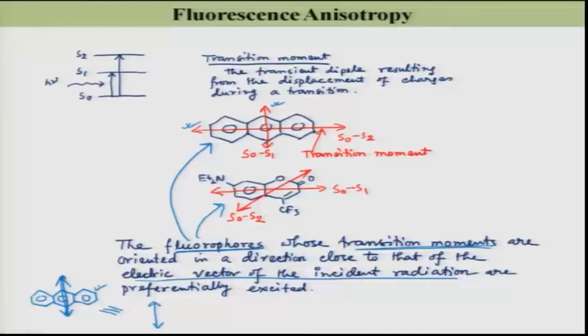If I draw this molecule, I can tell that the molecule is oriented this way. Now, if the molecule is oriented this way, and the electric field of the incoming light is oscillating along this way, then the excitation is more favorable than if the transition moment is oriented this way and the excitation is like vertical.